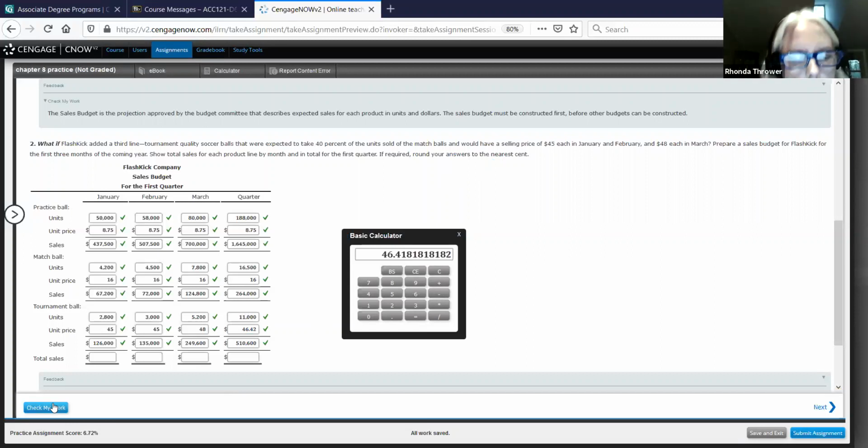And it like that. So the last thing that you need to do then is combine the dollar amount of sales for each one of these different types of balls that you're selling. So we're going to start in January. The practice balls, the total sales was 437,500.